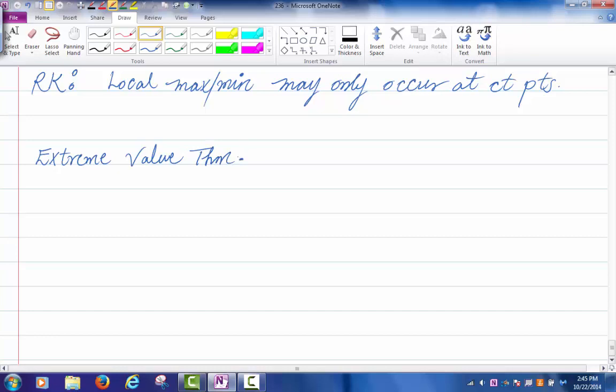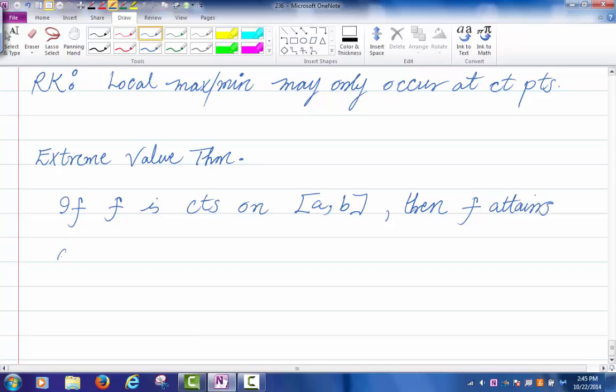And so this one says the following: if f is continuous on a closed bounded interval from a to b, then f attains an absolute maximum and an absolute minimum on [a, b].